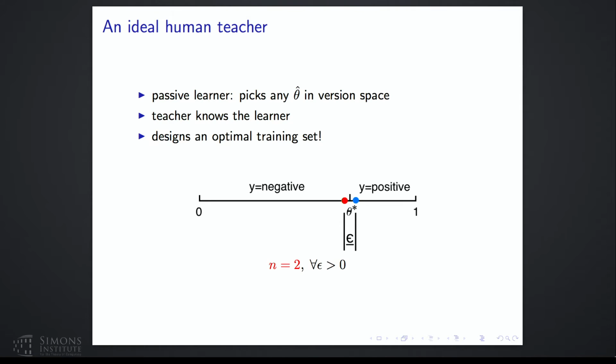So this is different: design a training set, or design a demonstration of items. In this case, clearly, the teacher can say, I'm going to give you 2 items, epsilon away from the decision boundary. And I achieved my teaching goal.